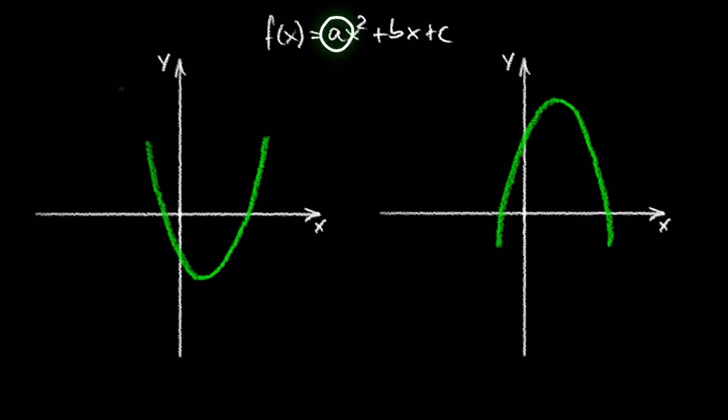If the coefficient of x squared is positive, the parabola opens upward. And if the coefficient of x squared is negative, the parabola opens downward.